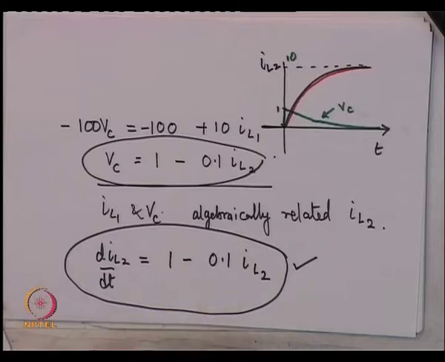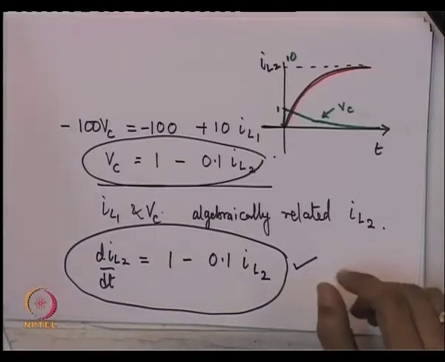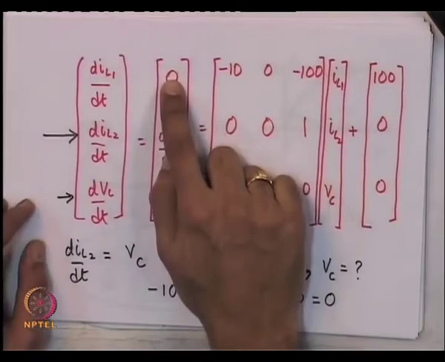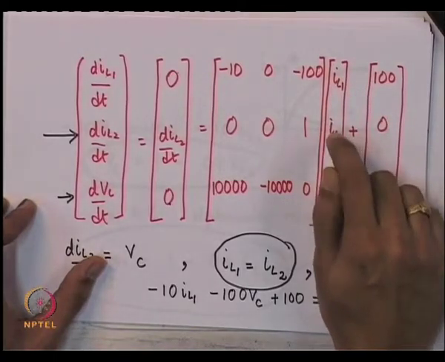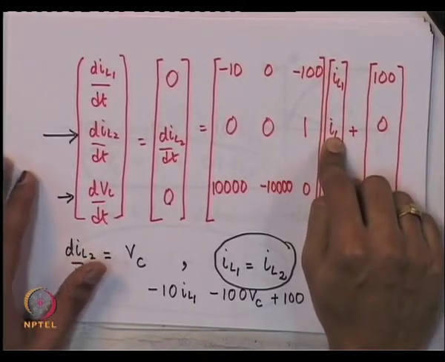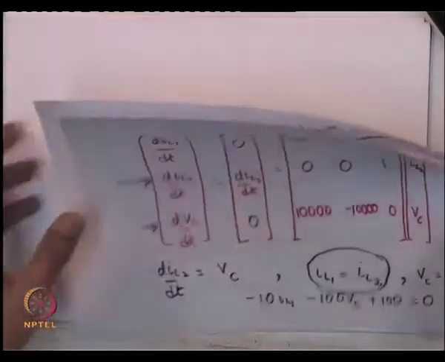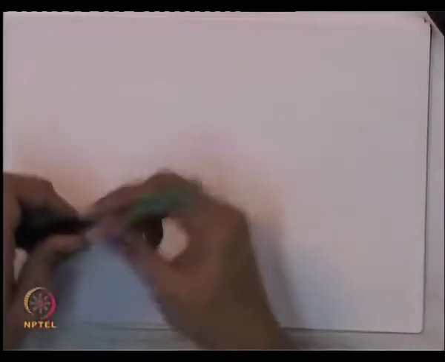So, what I have done is that I have artificially set the derivative in this equation to 0 and made IL1 and Vc algebraically related to IL2. So, you can make a general statement of this kind.